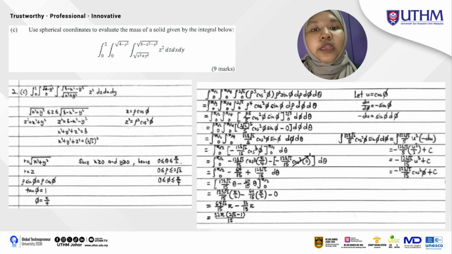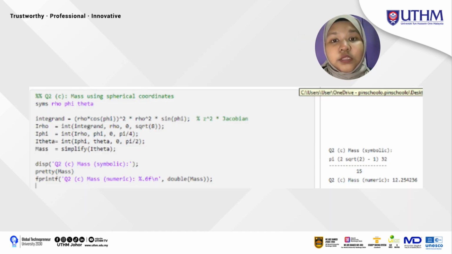So after we integrate all the value, which is 3 times, we got the answer 32 pi bracket 2 square root 2 minus 1 over 15. So for the simulation part Q2C, we also got the same answer, which is 32 pi bracket 2 square root 2 minus 1 over 15. So both manual and simulation calculation, we got the same answer.